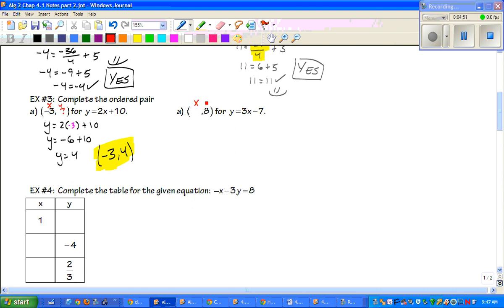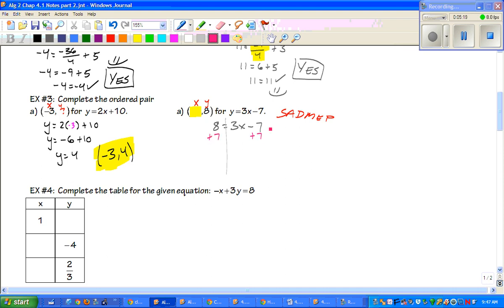Let's do that again. So now we're solving for y. We want to know what number goes there. So, same exact thing. y, which is 8, equals 3x minus 7. And now when we're doing this, we're going to solve for x, so we're following SADMAP, the reverse order of operations, okay?